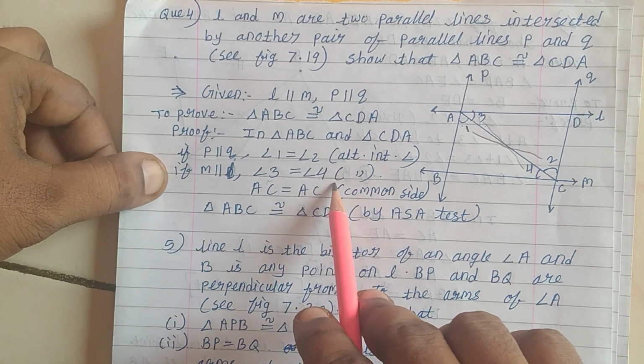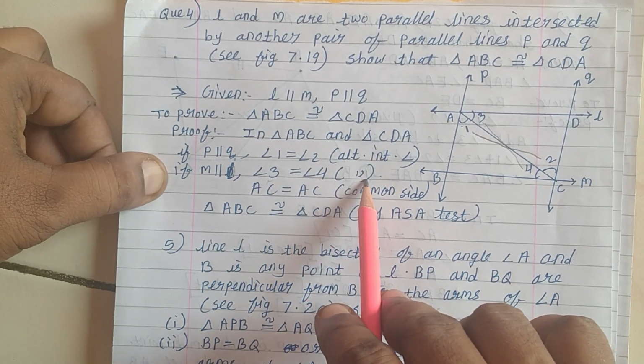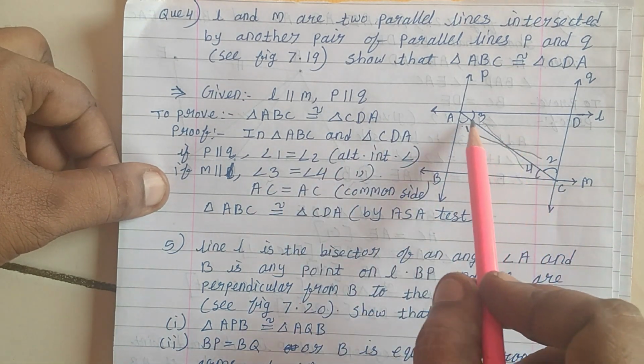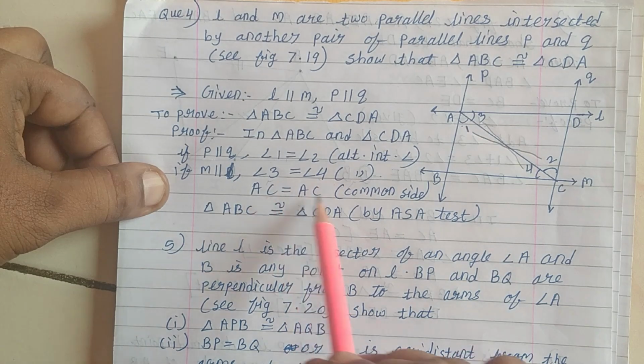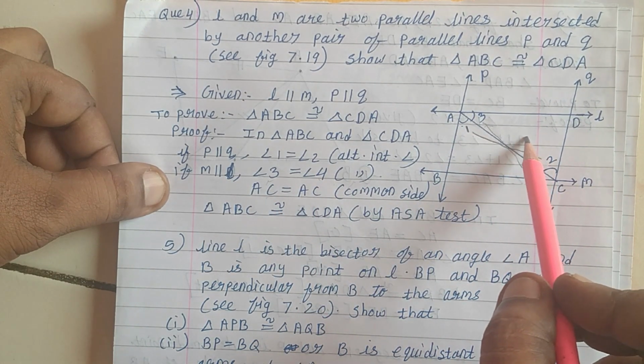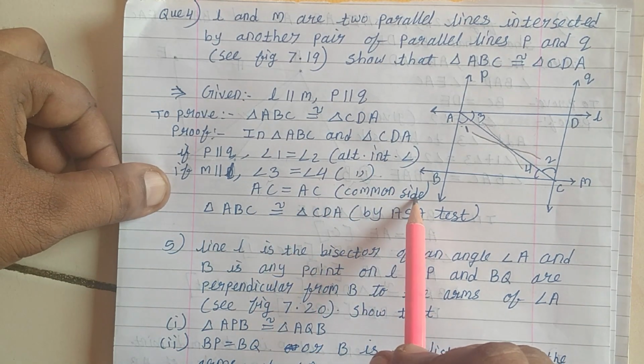So angle 3 equals angle 4, same reason, alternate interior angles. So already two elements we have shown equal. Now third, AC is a common side in both triangles ABC and CDA. So AC equals AC, common side.